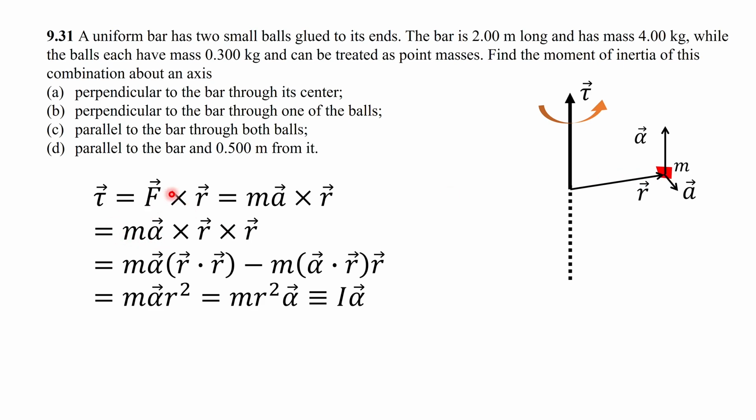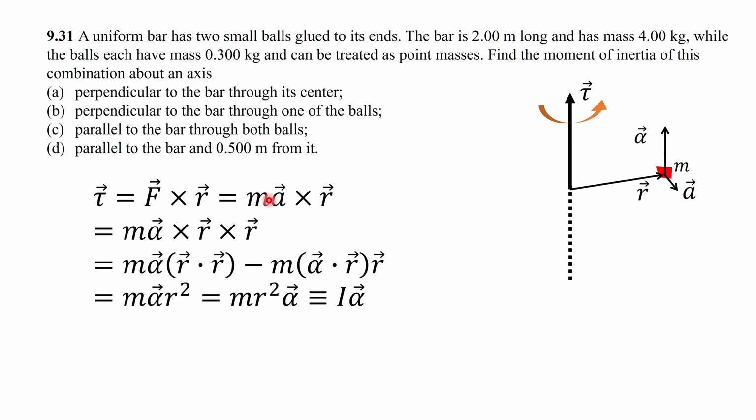So we have to write these two vectors in this way, and we cannot flip this direction. We write it as R cross F, because the cross product does not commute. Here, the force, according to Newton's second law, is equal to the mass times the acceleration.